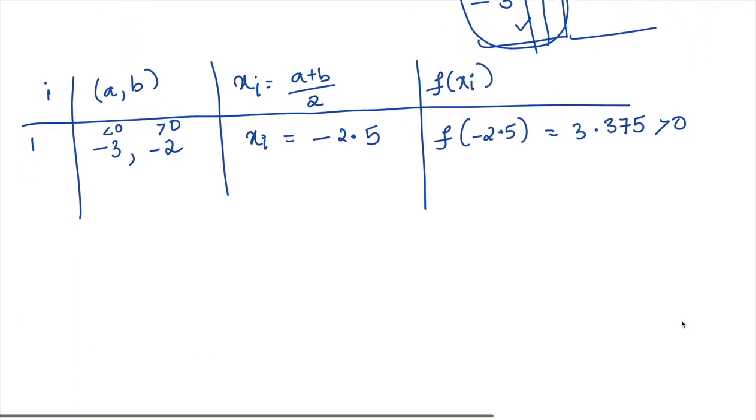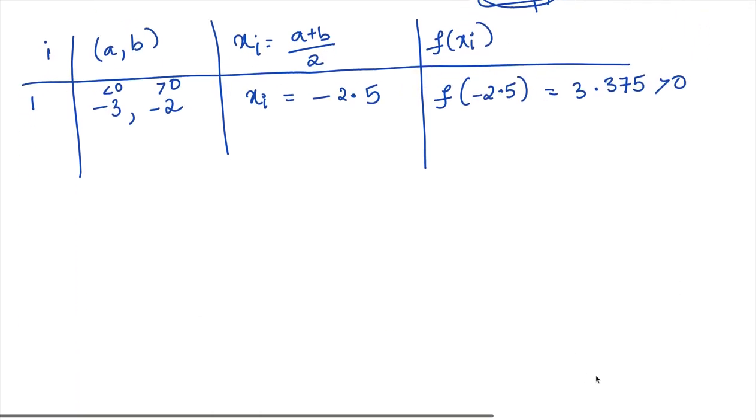Okay, so now if we see here, we had minus 3, we had minus 2. F of minus 3 was less than 0. F of minus 2 was greater than 0. So the middle number is minus 2.5. What is it doing? It is giving us greater than 0.